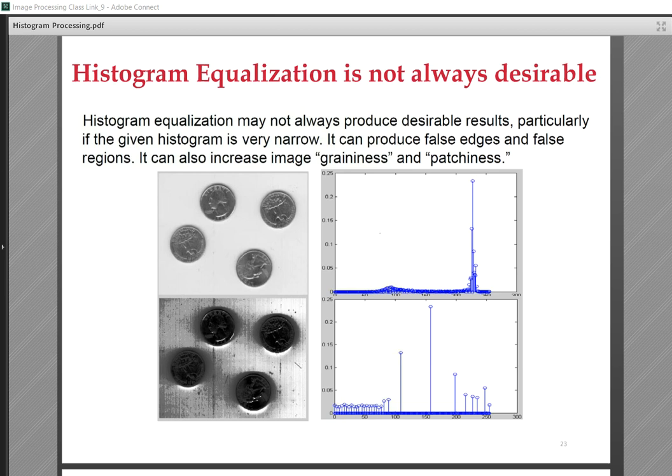If we use equalization, it can produce false edges and false regions. You see here false edge, false region, false edge, and here you see flat, but here you see false regions.